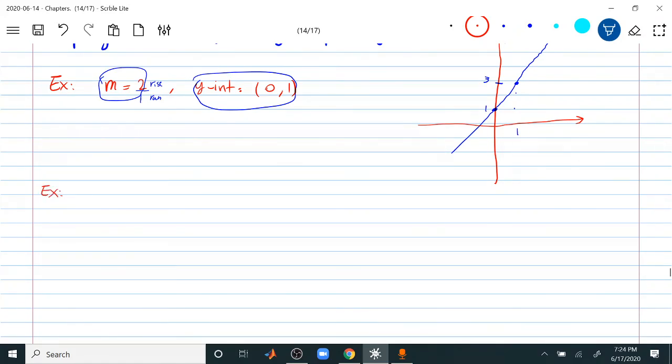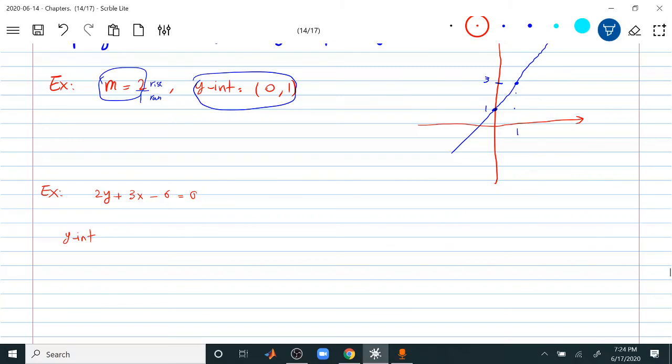Let's say you have 2y + 3x - 6 = 0. First, let's figure out the y-intercept, because we already mentioned this.